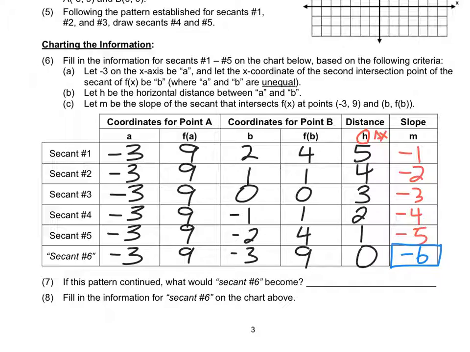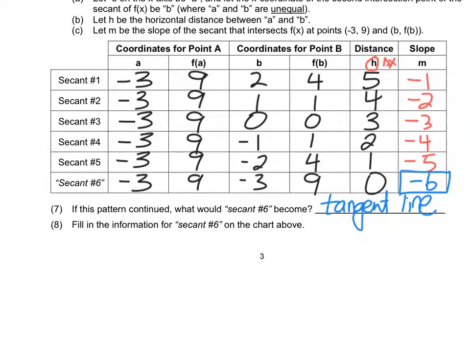What would that line be called? A tangent line, right? Because if those 2 points occupy the same location, that secant line transforms itself into a tangent line. Exactamundo.